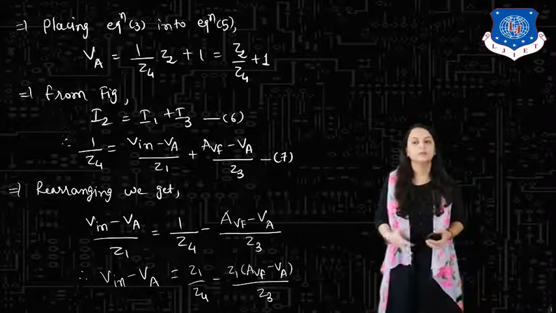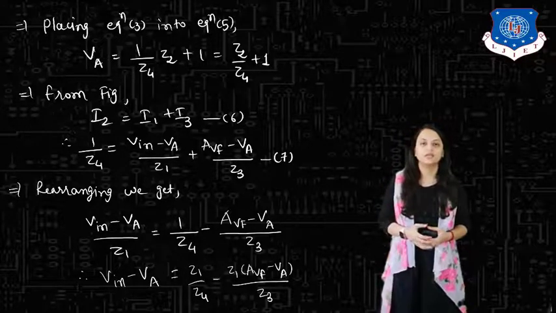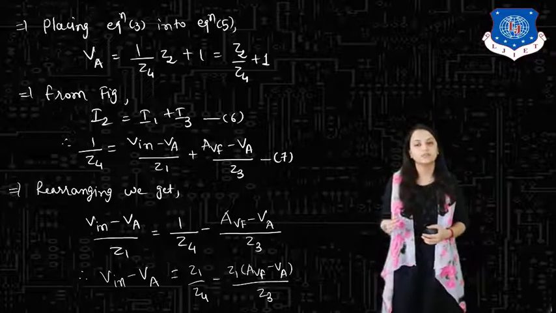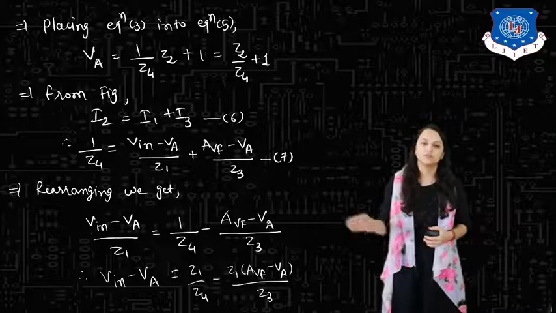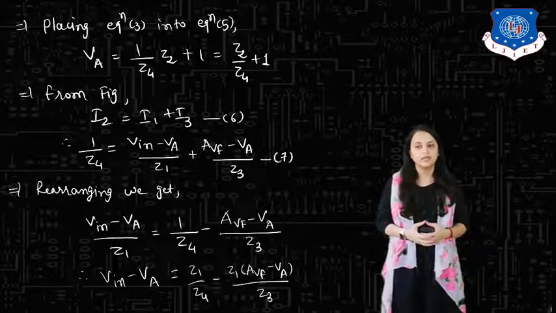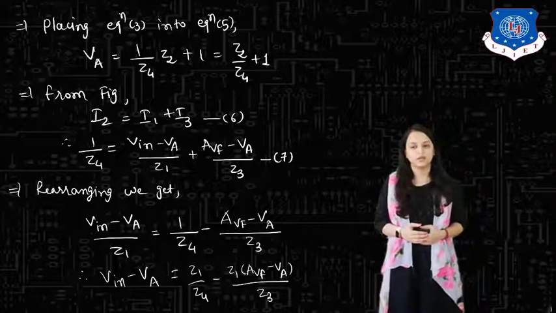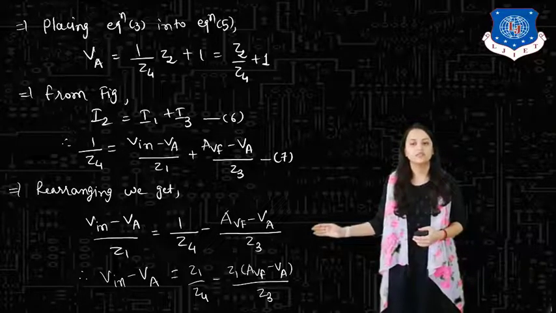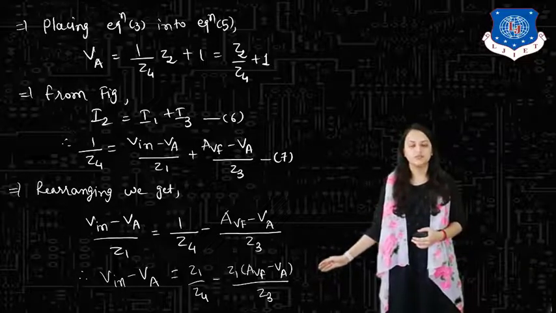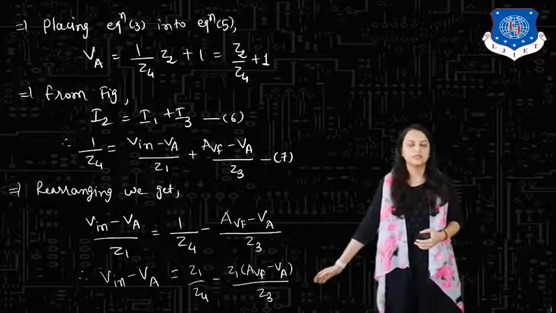By placing the values in this, I2 is 1 by Z4, I1 is (Vin minus VA) by Z1, I3 is (AVF minus VA) by Z3, and we give this equation number 7. Now if we rearrange this equation, we get (Vin minus VA) upon Z1 equals 1 by Z4 minus (AVF minus VA) by Z3. So Vin minus VA equals Z1 by Z4 minus Z1 into (AVF minus VA) upon Z3.